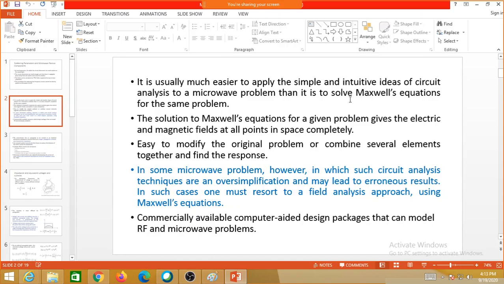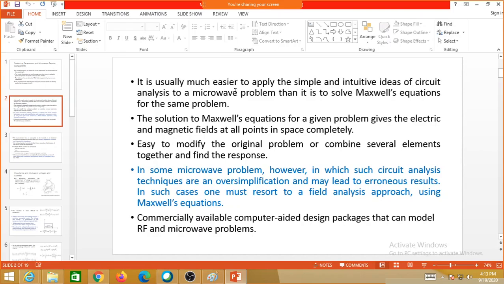Or if for the same problem you want the voltage or current, then we have to apply circuit analysis. Here we have to note for which problem we need to apply what, so that it gives exact results in terms of voltage or current, or in terms of the electric and magnetic field.